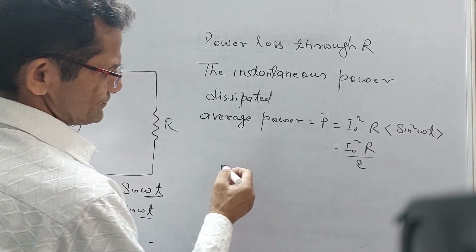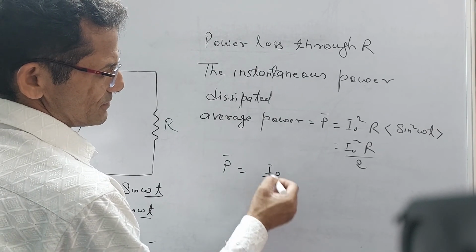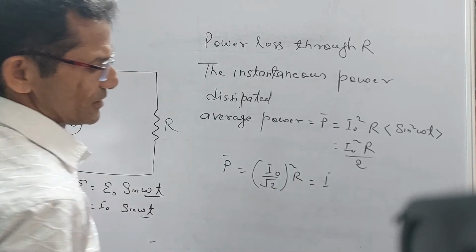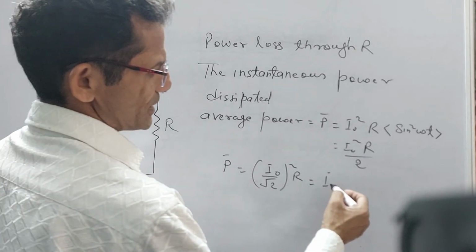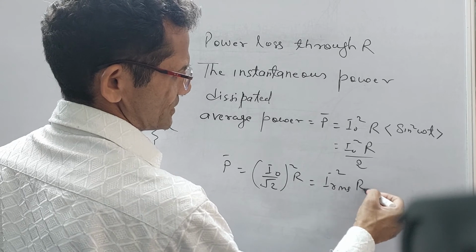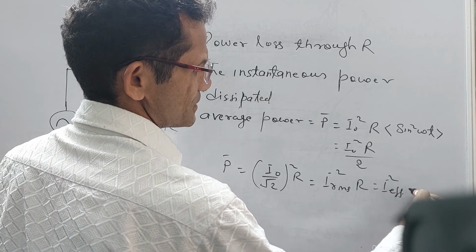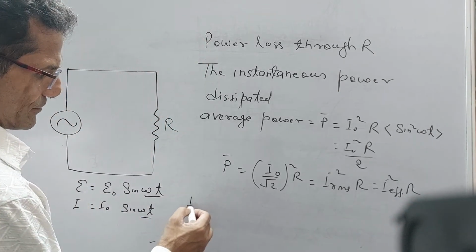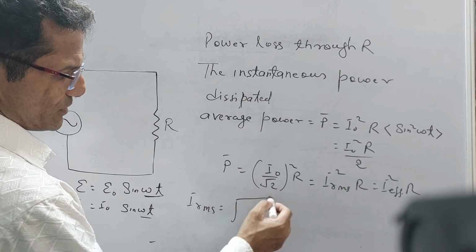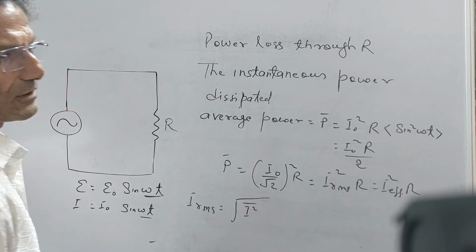So we can say the average power becomes, if I write it in this format, I naught upon root 2 squared into R. I naught upon root 2 is the RMS value, also called the effective value. I RMS means the square root of the mean of the square of the current.